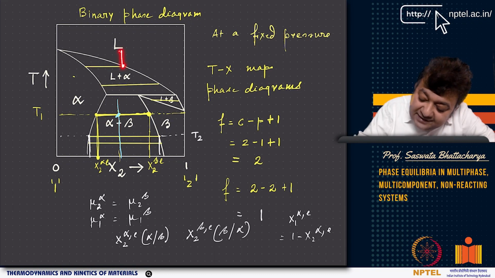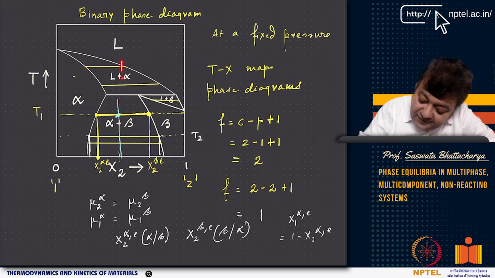When I am exactly here, you have just started nucleating some alpha phase of this composition, but the fraction of alpha phase is almost negligible. It's at the nucleation stage.